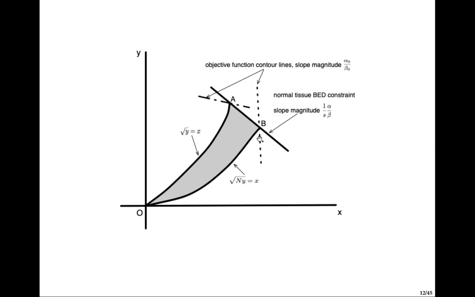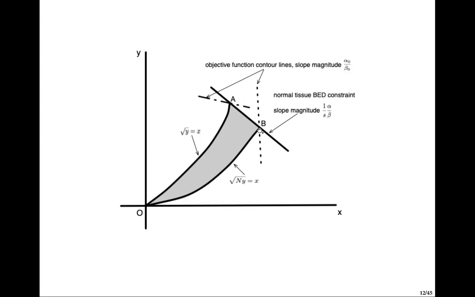And it turns out that if you look at this picture, there are two possibilities. Since you want to push that line out as much as possible, optimal solutions to this problem are going to lie on this part of that feasible region, this line segment, if you will. They're not going to lie over here because I want to push the line out as much as possible that way. So then the question is, is the solution going to lie at this corner point or at that corner point?